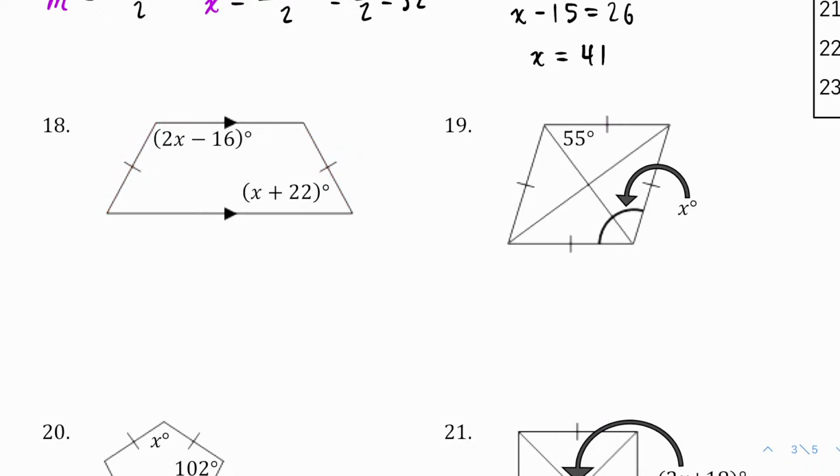So this is an isosceles trapezoid. One thing we know about isosceles trapezoids is that the base angles are congruent. And one thing we know about all trapezoids is that angles on the same leg are supplementary.